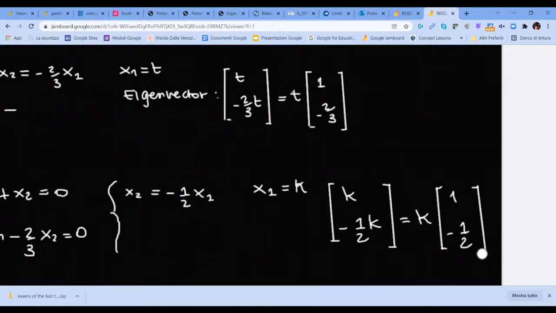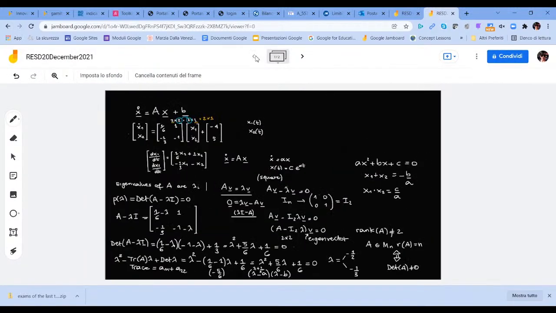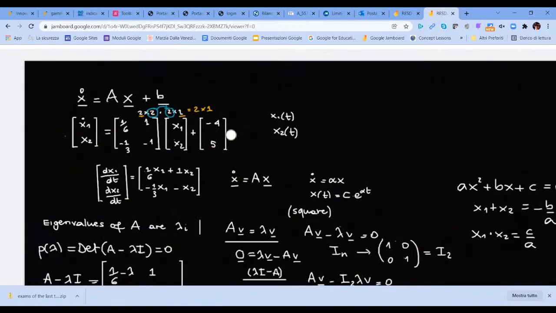Okay, so what is the general solution that we can write for the homogeneous problem that we had in the previous slide? Okay, this one without b.